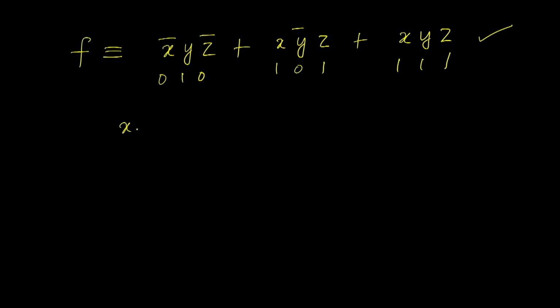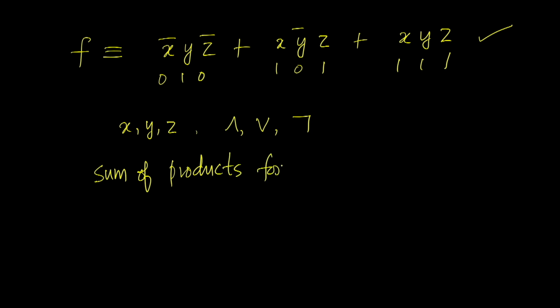This uses the input variables x, y and z and logical connectives and, or and not. And this form is called the sum of products form. That is because it is expressed as an OR of several terms, or corresponds to the addition symbol.